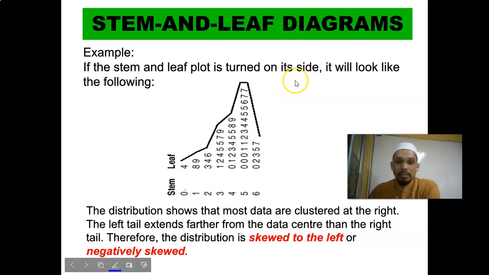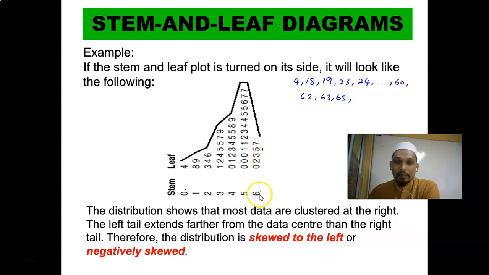The raw data here is 4, 1 and 8, 18, 1 and 9, 19, 2, 3, 23, 2, 4, 24, until the last ones, which are 60, okay, 62, 63, 65, and finally it ends up with 67.